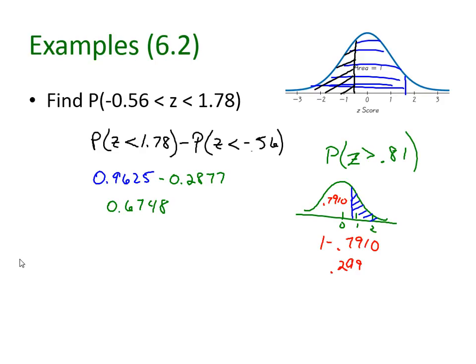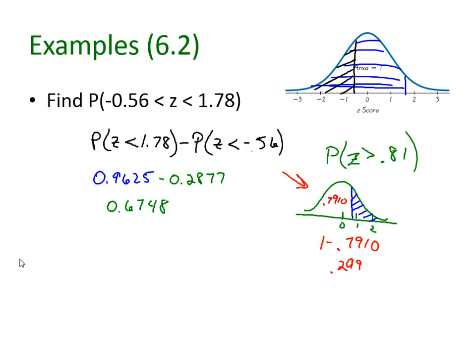So when you're looking for what's greater than, you have to remember that the table always tells me my probability that it's less than. It's wise to draw pictures. I highly recommend, even as you start using your calculators to help you figure out your answers on these, to draw yourselves a picture. If you haven't noticed, I don't draw great normal distributions each time, and so I'm not expecting great pictures, but just have a little something there to help you figure out which area you're looking for.